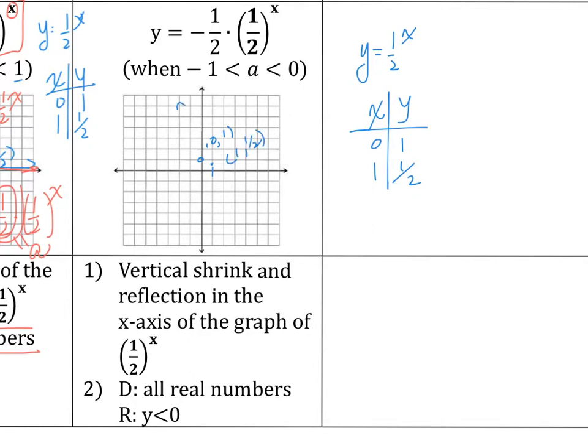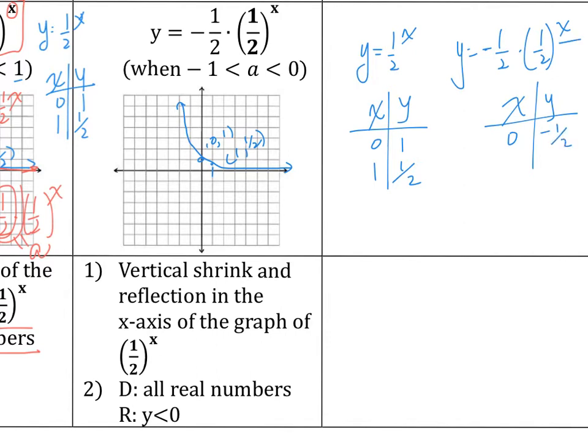I'll connect my dots. Okay, and then y equals negative half times half to the x power. I'm going to use 0 again. Half to the 0 power is 1, times negative half is negative half.